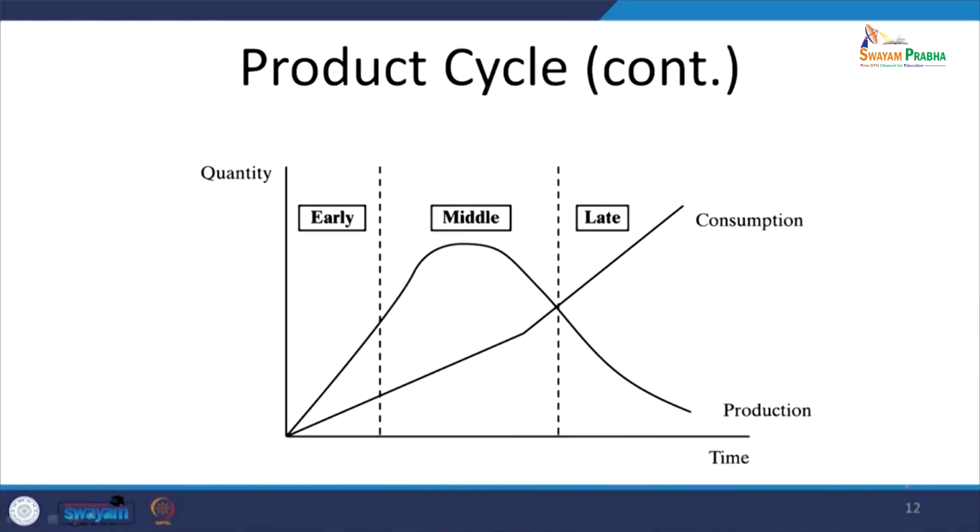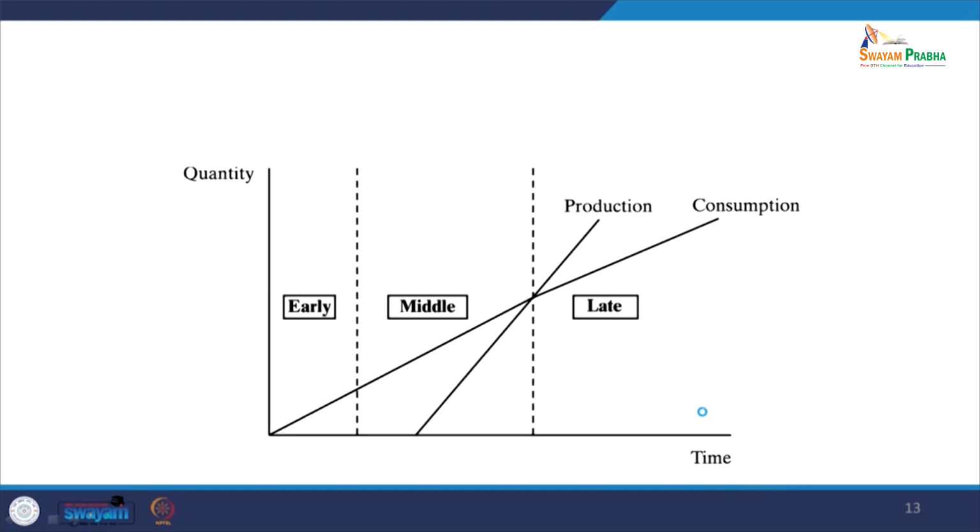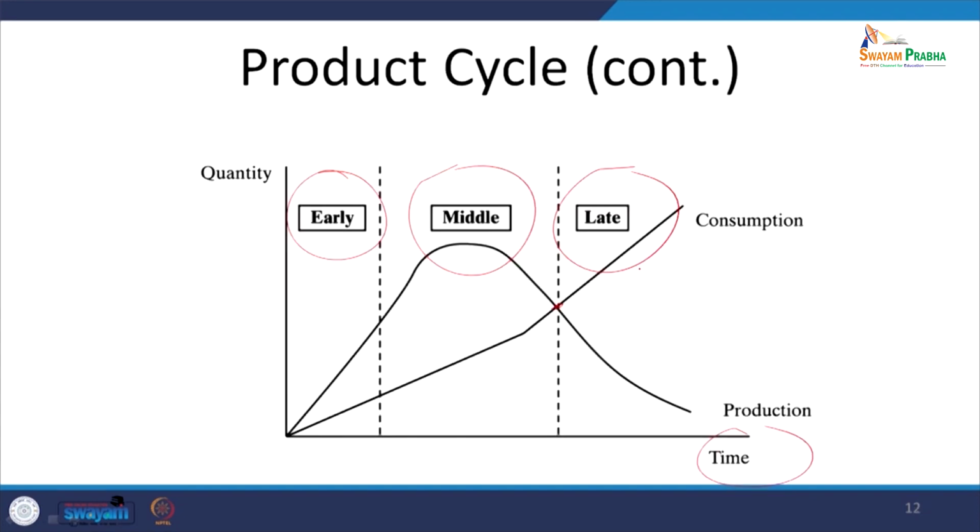Now, in short, if you just put it like this in this figure, here early, middle and late. In the late stage, consumption increases, so production recedes. So, therefore, the story of net addition to export gets changed over time. Okay. So, product cycle theory accordingly developed. Here we said consumption exceeds production.